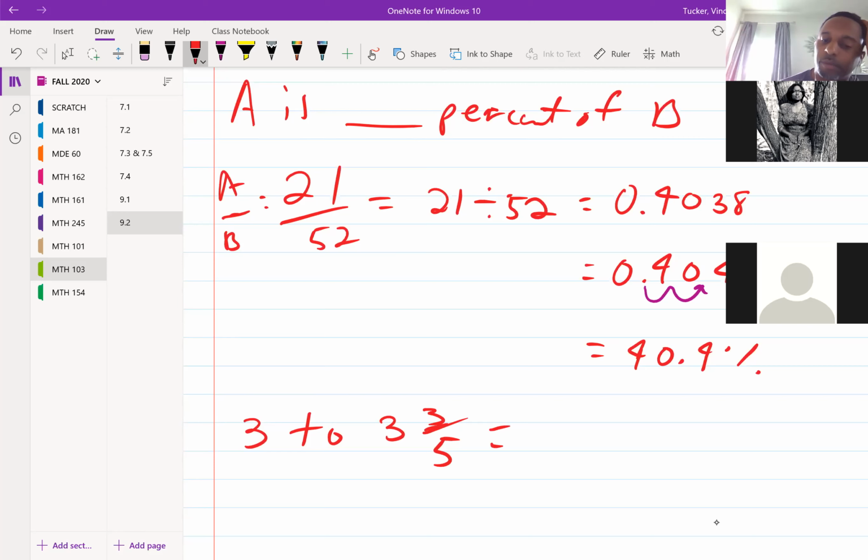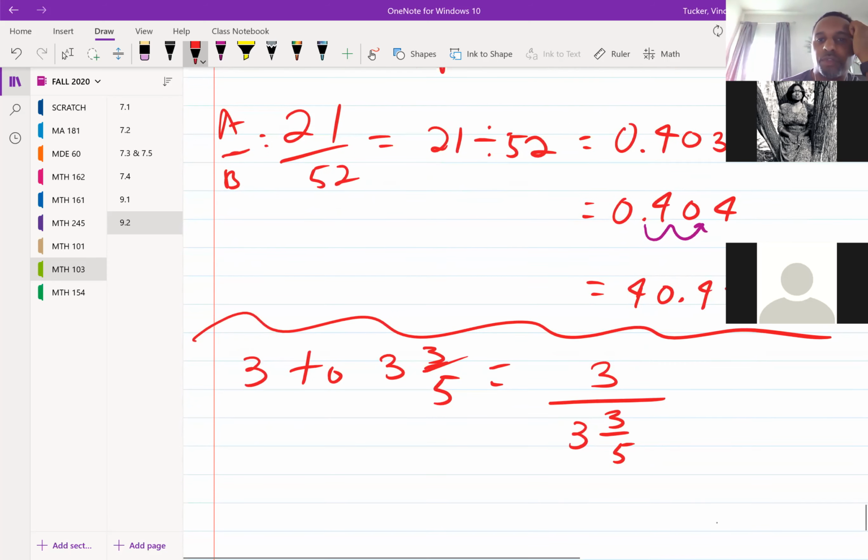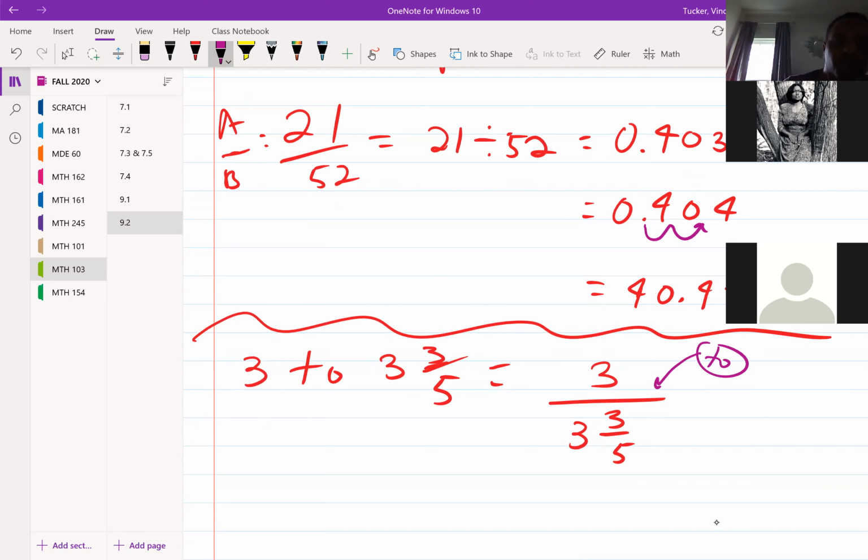So like I said, some questions may not come up until you actually get in there, but the first few of them are pretty much straightforward, asking you to set up your fraction according to the relationship of "to." Now here we have 3 to 3 3/5. That divisional bar is your "to."